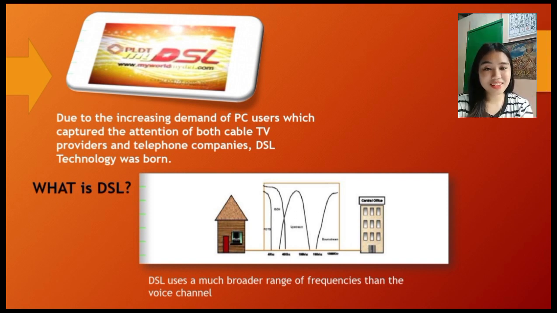So what is digital subscriber line or DSL? DSL uses a much broader range of frequency than the voice channel. It is not only for telephone or TV, but can serve both, and it is easier to use compared to the previous technologies they used, like the telephone or the TV.